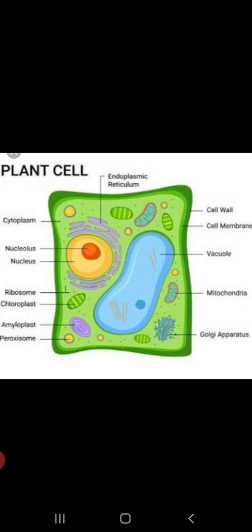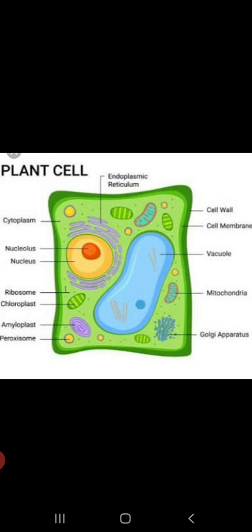And why is that wrong? That's because in that picture, the nucleus is given in the center along with the vacuole on the peripheral region, right? But the right diagram for plant cell is here on the screen.